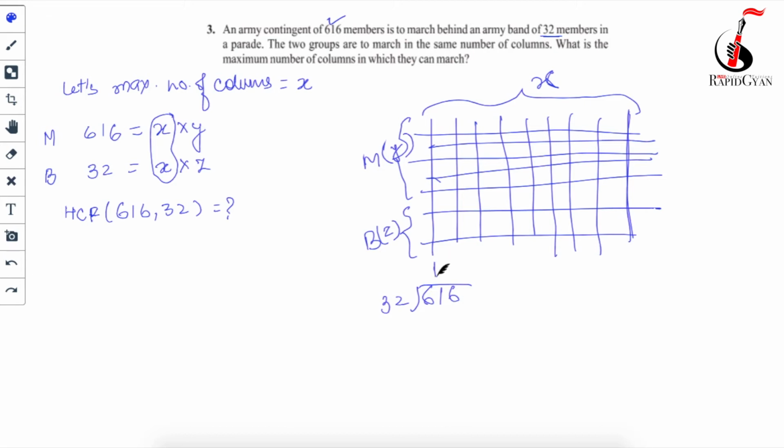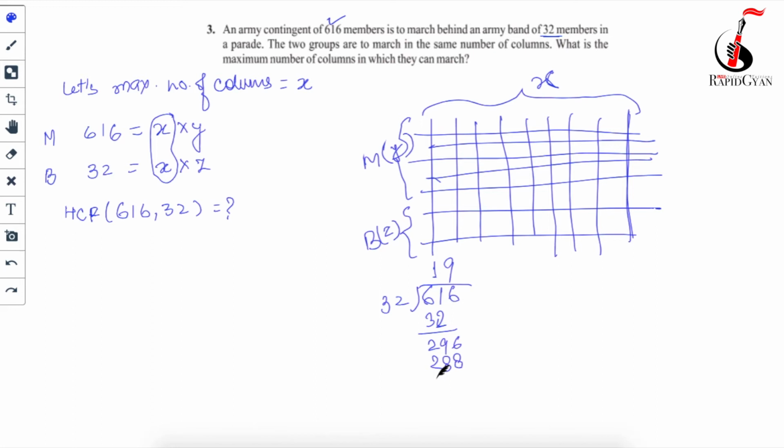So this is 1, so I will get 32 over here. If I subtract, I will get 29. Then this is 6. It will go 9 times. So 32 9s are 288.